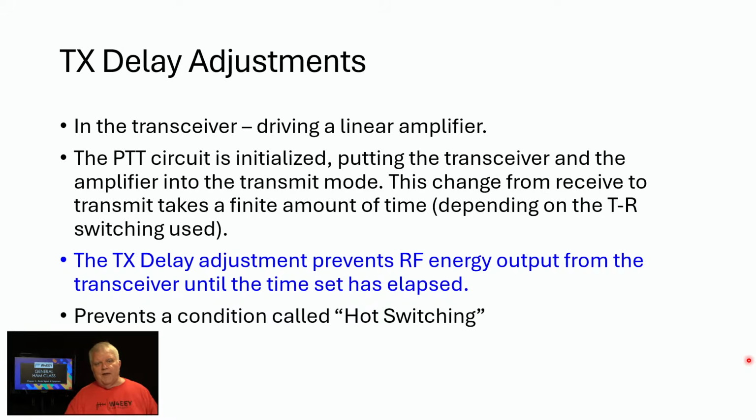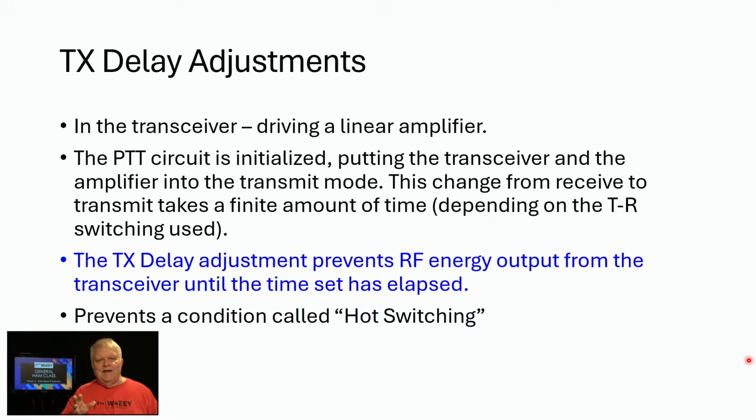Also, with a tube-type amplifier, even some solid-state amplifiers that use relays for transmit-receive switching, there's always got to be a delay between when you're receiving and then start transmitting before RF can get through the amplifier.